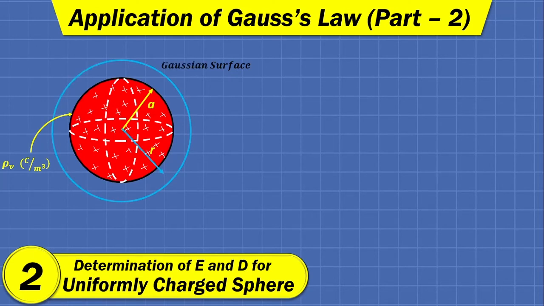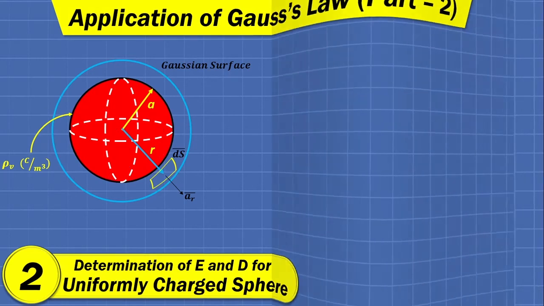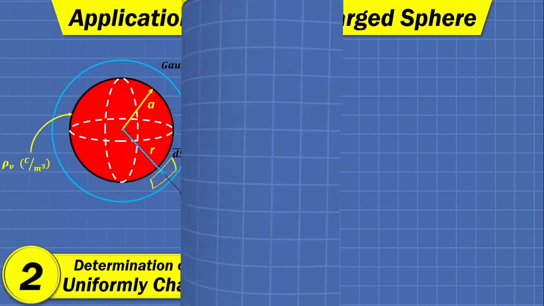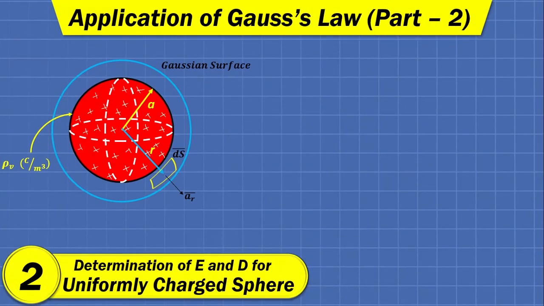Otherwise all the things are the same, so we are going to assume a Gaussian surface with some radius r to determine E bar and D bar outside the sphere. Then we are going to assume a differential surface ds in the direction of r. Here ds and D bar both will be in the same direction, and we are going to follow the same procedure.